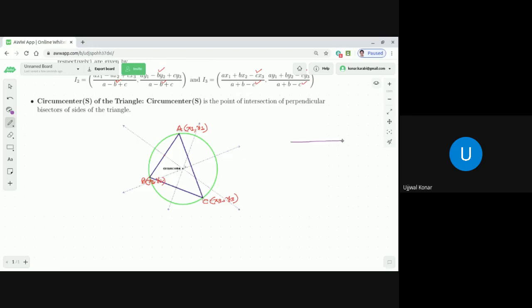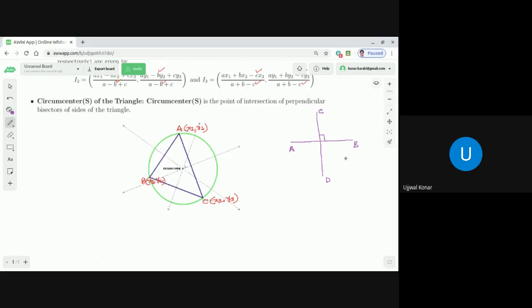Suppose we have this line segment AB, I keep it here. Then what is a perpendicular bisector? It is another line which is perpendicular to the line AB. Suppose CD is the perpendicular bisector. CD qualifies to be a perpendicular bisector if it satisfies two conditions. First, CD is perpendicular to AB.